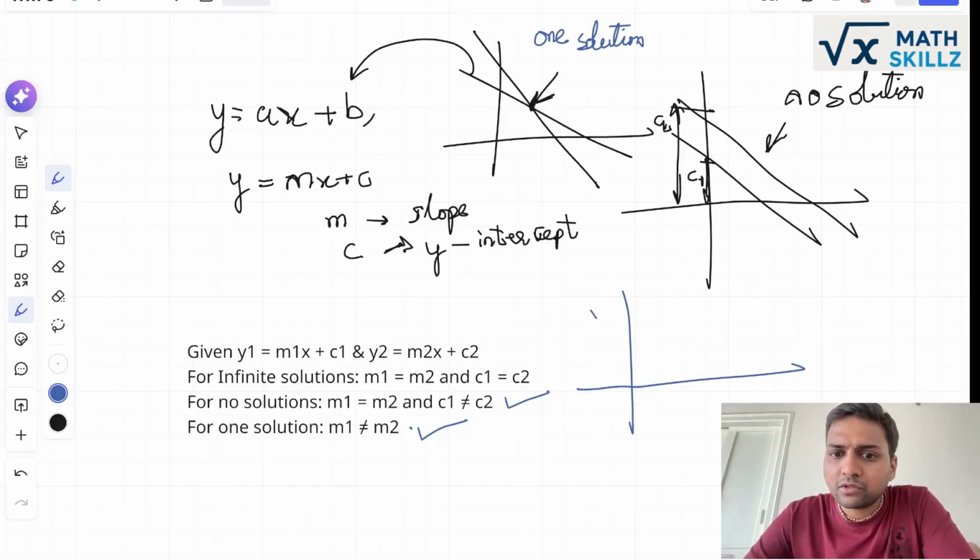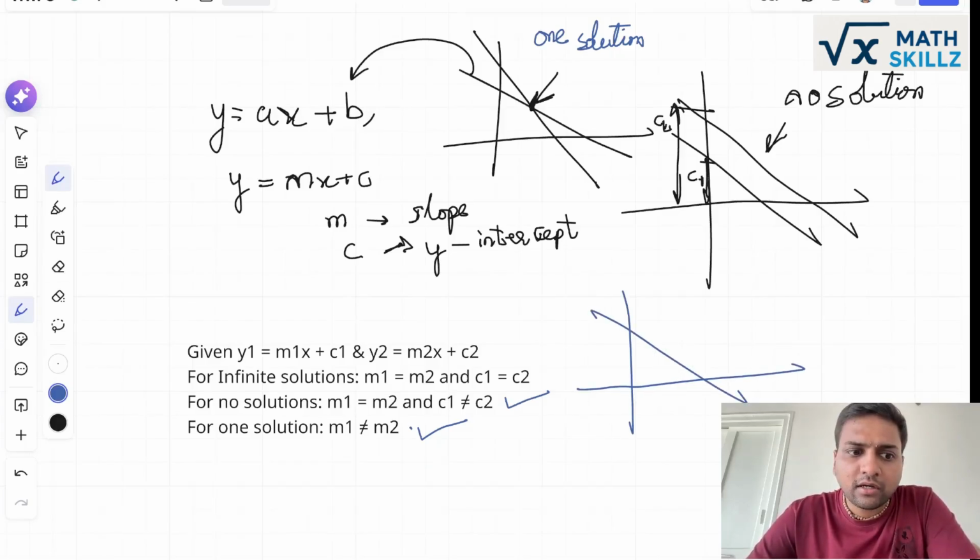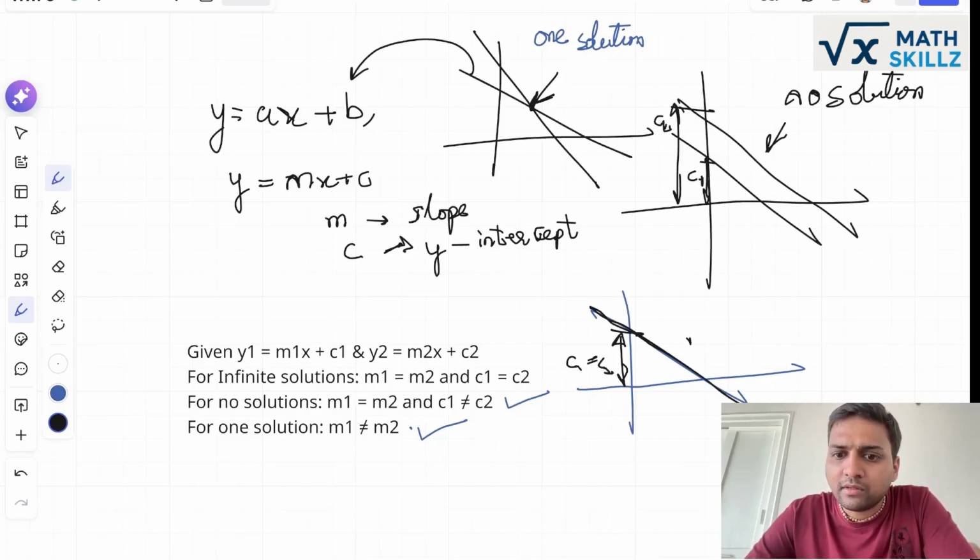But if the lines have the same slope and also the same intercept, the two lines are actually coinciding, lying on the same line. That's why the y-intercept is also the same, c1 equals c2, and the slope is also the same.